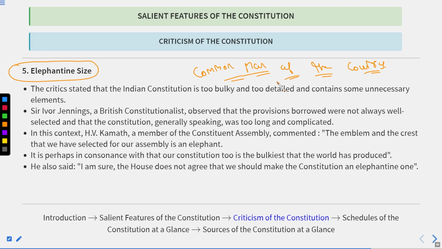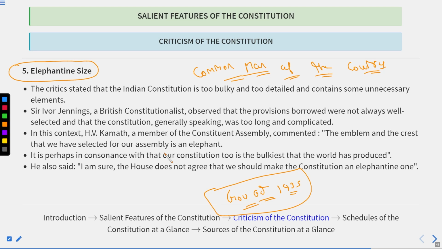Sir Ivor Jennings observed that the provisions borrowed were not always well selected and that the constitution, generally speaking, was too long and complicated because the language was technical. And as we had discussed, they even said the Government of India Act of 1935, its language had been directly copy pasted into the constitution and the language was technical. All right. So similar things they had pointed out.